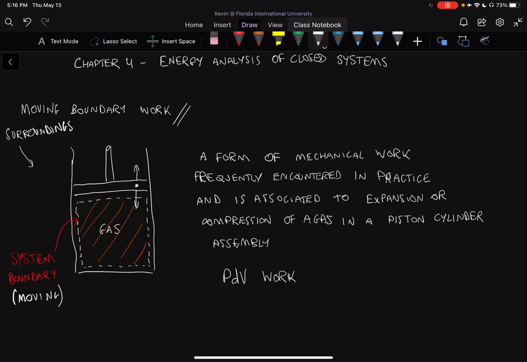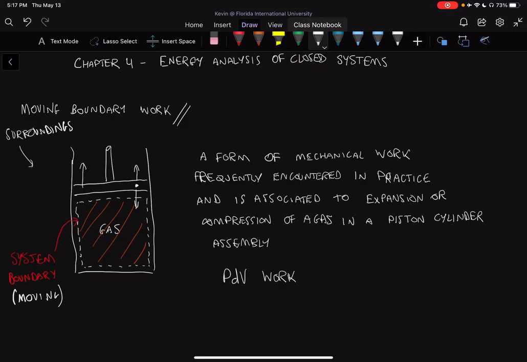And we're going to define the equations that go with it as well, but this is just an explanation. So if we have a piston cylinder assembly and we decide, for example, to increase the temperature of a gas inside it, usually the gas is going to expand and the piston would move up. That would be an example.